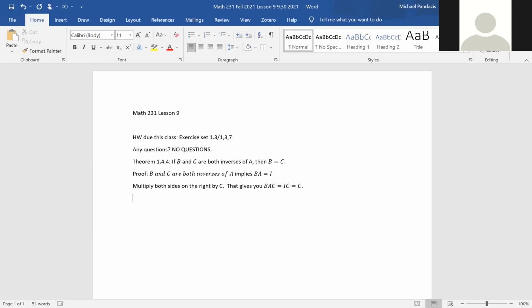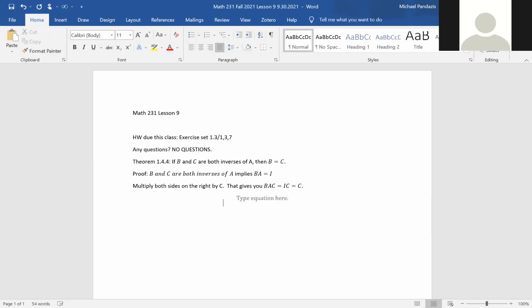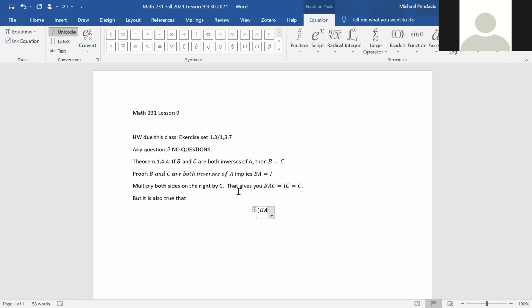So BAC is equal to C. But it is also true that BAC is equal to B(AC).